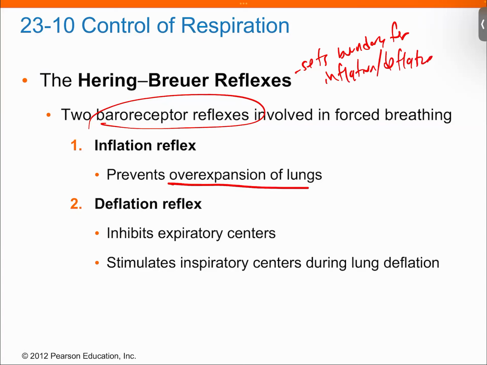So as your lungs fill up with air, it's going to hit stretch receptors, and that's going to kick in the inflation reflex. And this inflation reflex will stop inhalation. So you do not exceed the capacity of the lungs to overinflate, right? So you don't overinflate them. The deflation reflex is just the opposite. It stops exhalation.